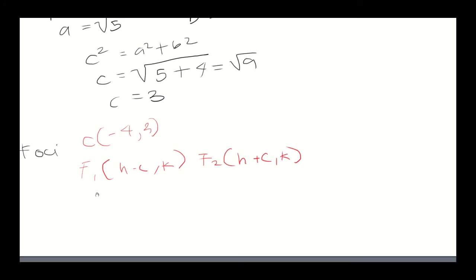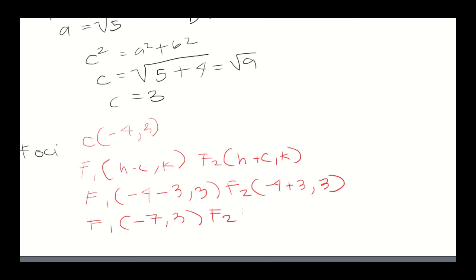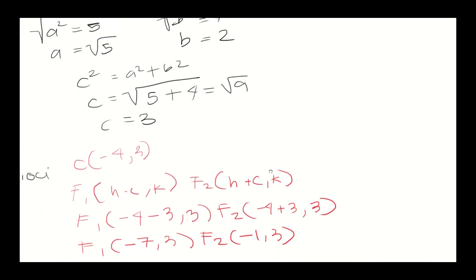Then focus 1 is negative 4 minus 3, and k is 3. Focus 2 is negative 4 plus 3, and k is 3. So focus 1 is negative 7, 3, and focus 2 is negative 1, 3. Correct.